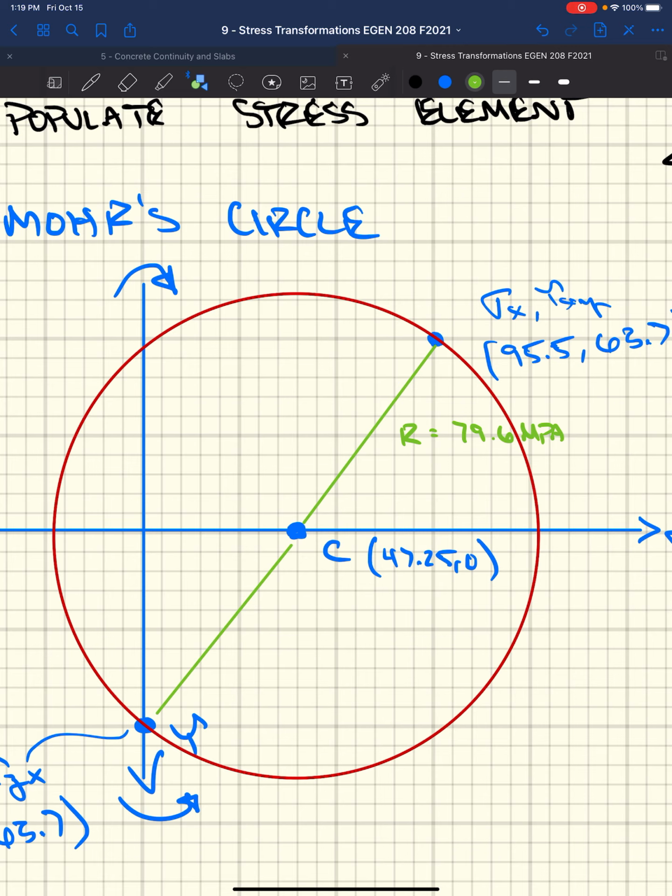And so if we want to know, right, what's the maximum shear stress? Well, we know that that's the maximum value on our circle. Well, the maximum value on our circle is where our radius is essentially the magnitude.